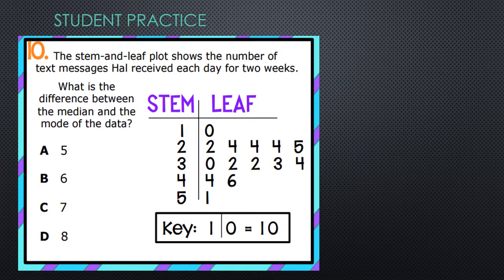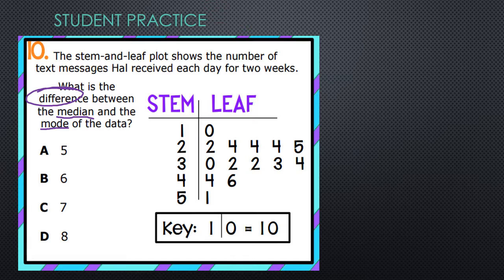Okay, Sally, I pulled your popsicle stick. What is some important information in that problem? Yes, that's correct. We're looking for the median, the mode, and then we have to find the difference between those two.